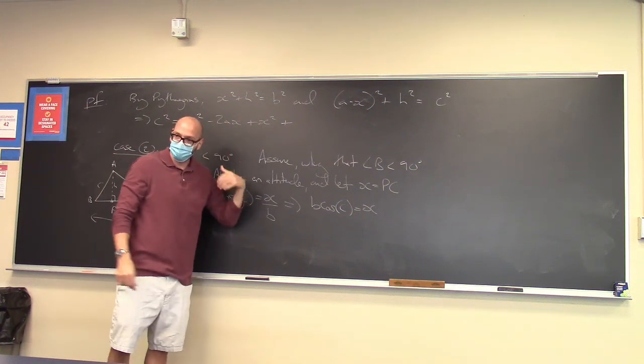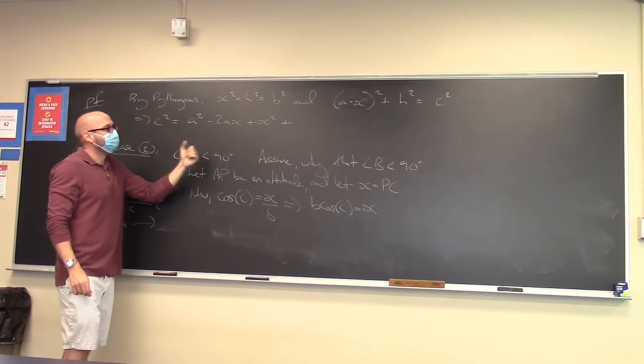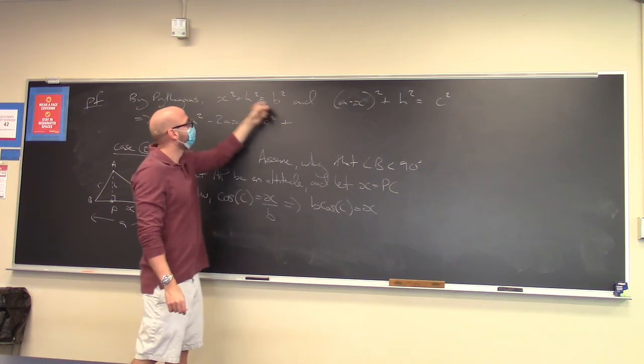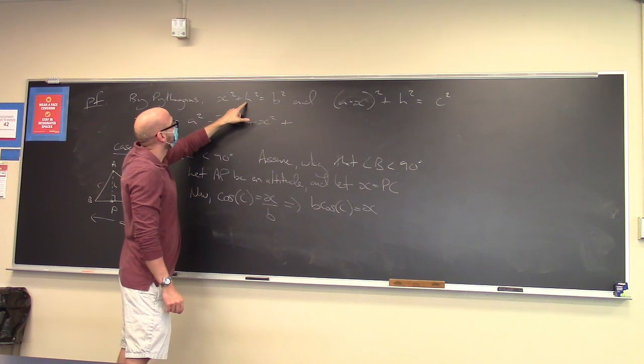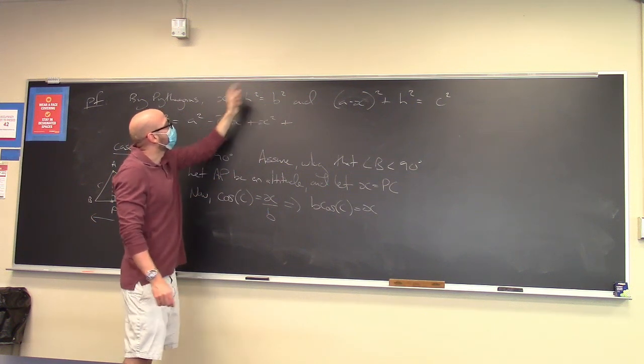Ideally, if I was writing this down nicely, I should write down somewhere that I'm substituting it in this equation. What's h squared equal to? That'd be b squared minus x squared, right?